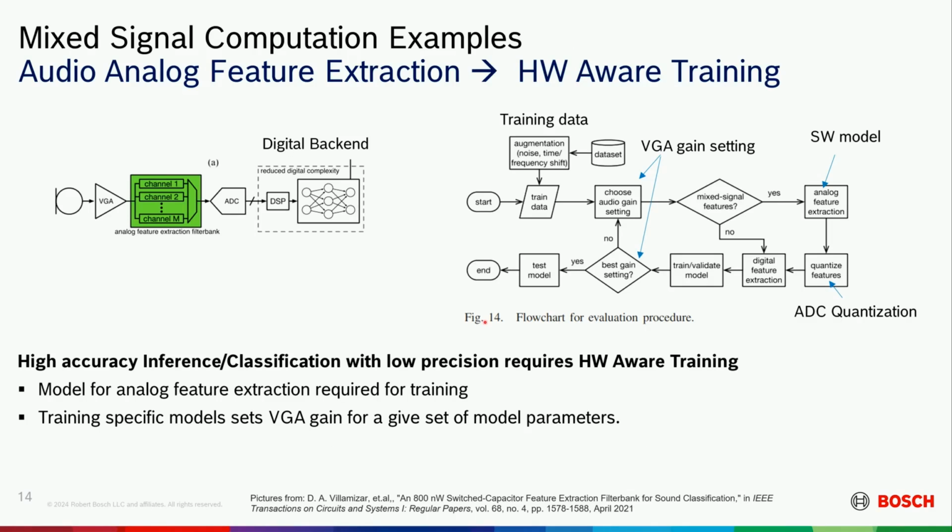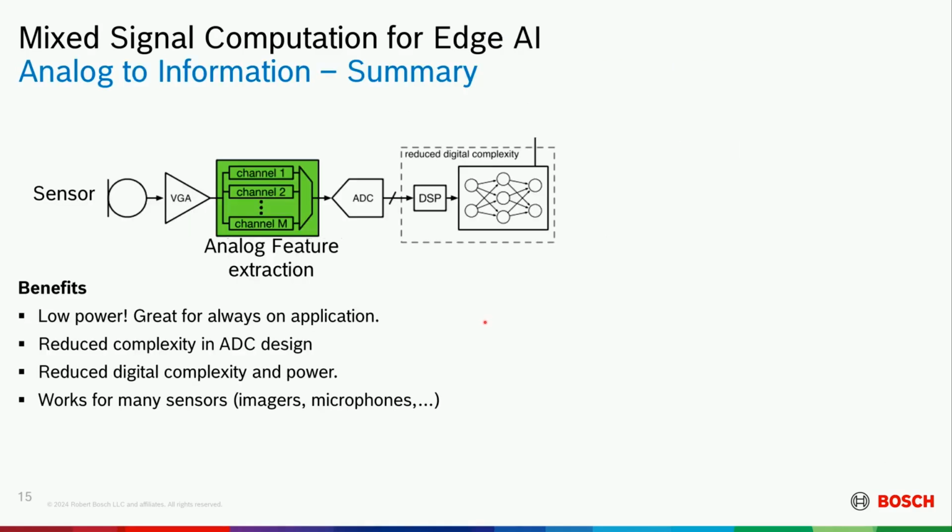But you need to have someone who's well versed in this to do it, right? That's something in industry I think we're missing. So a custom software tool chain is a must for these kinds of systems.